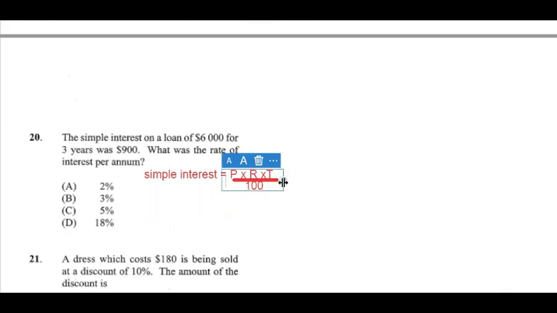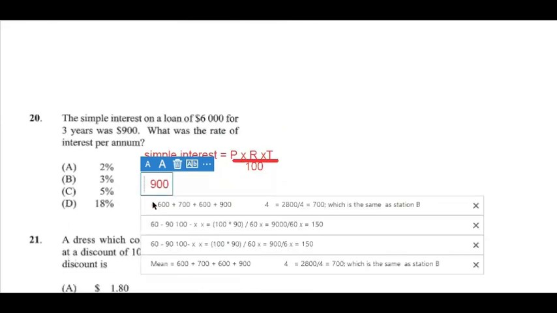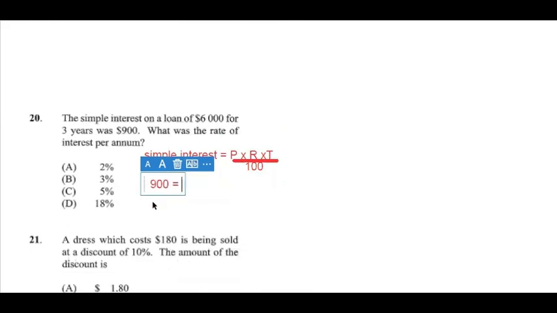And in this case, we're trying to find R, so we're going to transpose our formula. So the simple interest is 900, and that is equal to the principal, which is 6,000 multiplied by the rate, which we're trying to find, multiplied by the time of 3 years, and all of that is divided by 100.